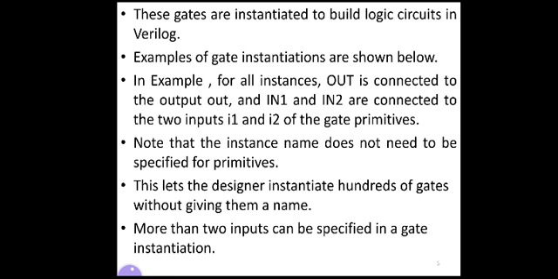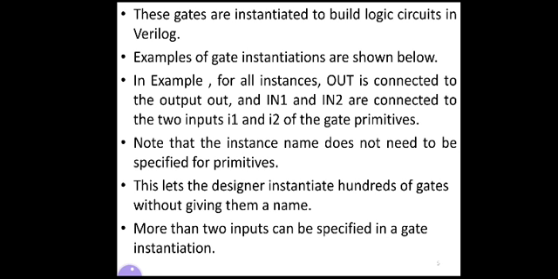In the example, for all instances, out is connected to the output out, and in1 and in2, that is input 1 and input 2, are connected to the two inputs I1 and I2 of the gate primitives. As in our symbol, the terminal names are out, I1, I2, so those names are going to be used. Note that the instance name does not need to be specified for primitives.